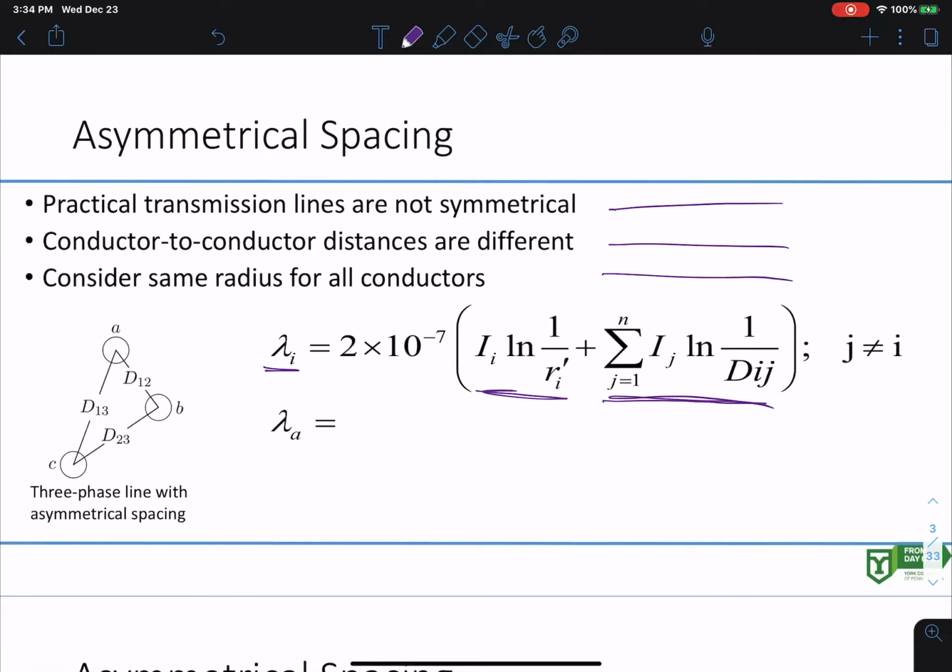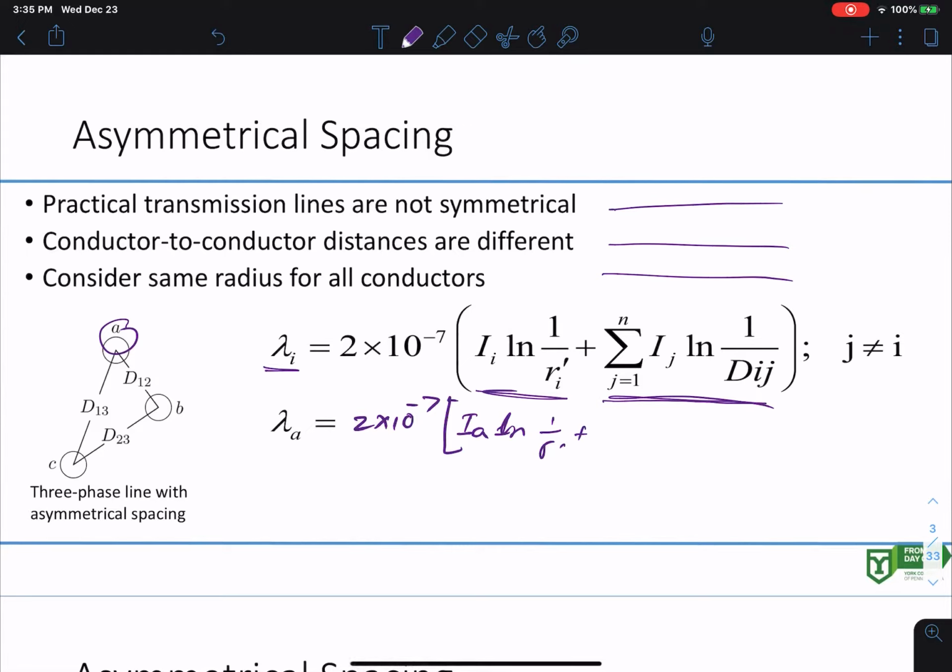So now if I modify that for this line A, I have two other lines, so we have self and two other lines. Let's put the constant here first. Then IA, that's the line I'm looking into, times ln 1 over r prime. That means I'm assuming that all the lines have the same radius.